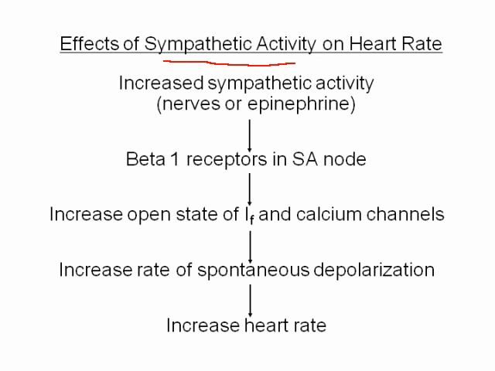So the sympathetic nervous system increases sympathetic nerve activity by releasing norepinephrine as well as epinephrine coming from the adrenal gland. This activates beta-1 receptors in the SA node. This increases the open state of the funny channels as well as the T-type calcium channels.